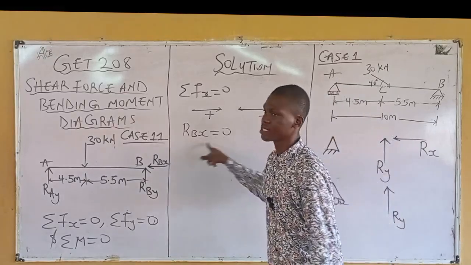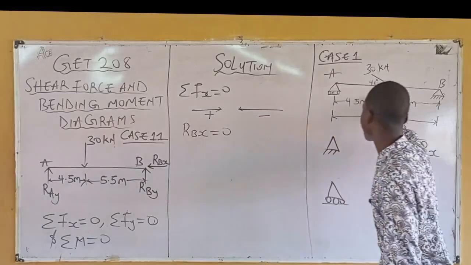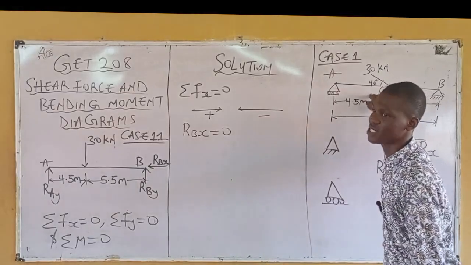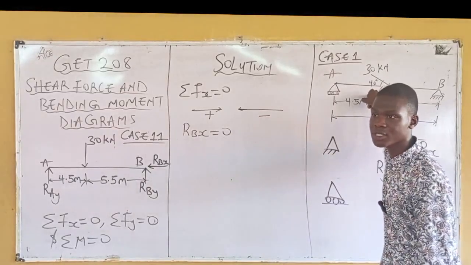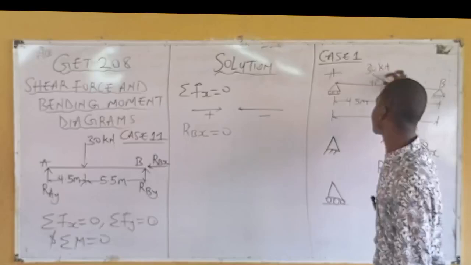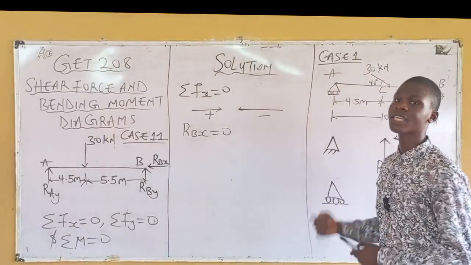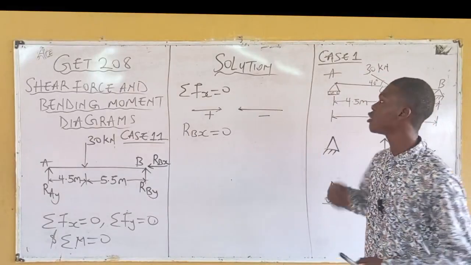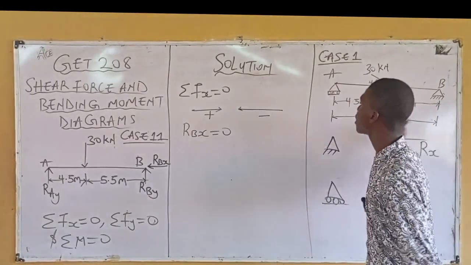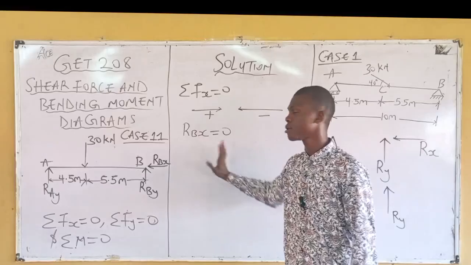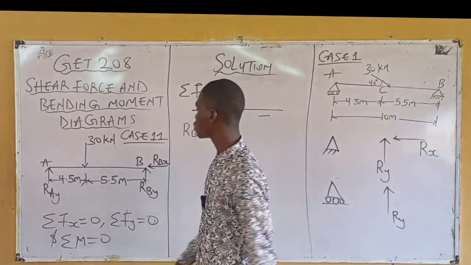Here RBX is not 0. Do you know why? Because this inclined force has horizontal and vertical components. By the time you resolve it into the horizontal component, you can equate it with this. So that's it.